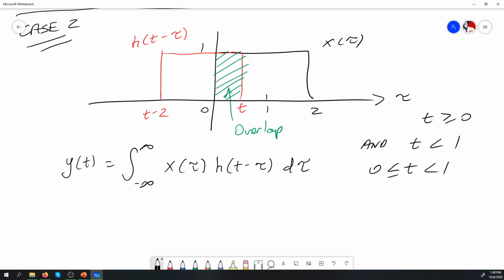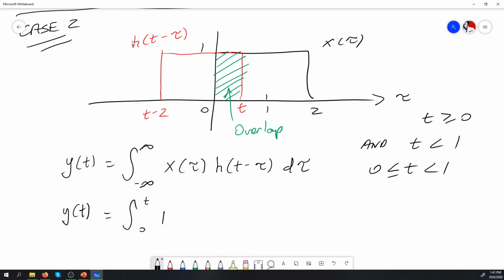So because we have an overlap of our x of tau signal here and our h of t minus tau signal, y of t, when we evaluate our integral, is going to be in between t and 0, where t is the uppermost limit of our overlap, and 0 is the lowermost limit of our overlap. X of tau has a constant value of 1.